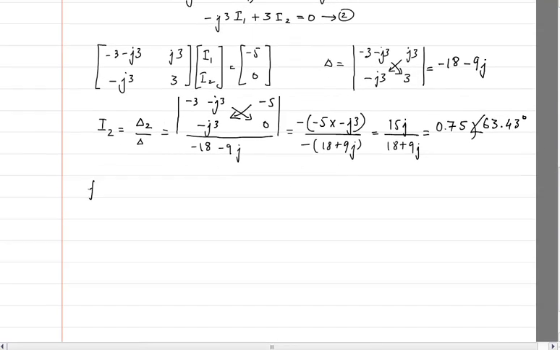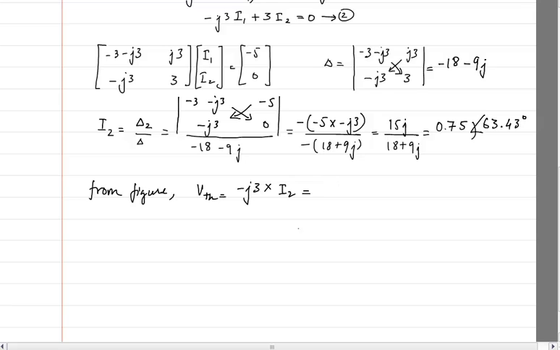So from the figure, VTH is equal to minus J3 into I2, so I have to multiply this 0.75 angle 63.43 with minus of j3.